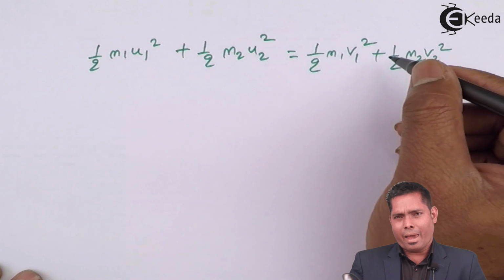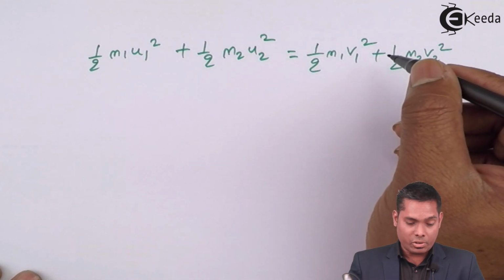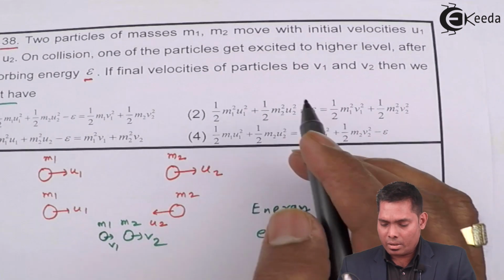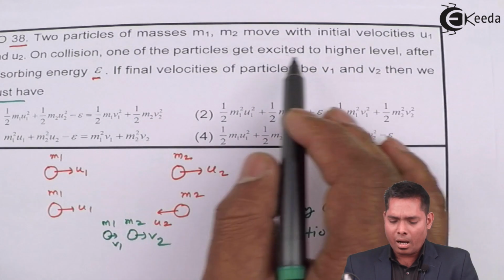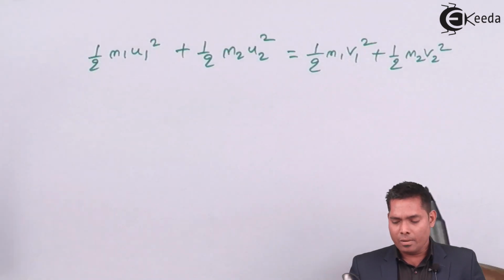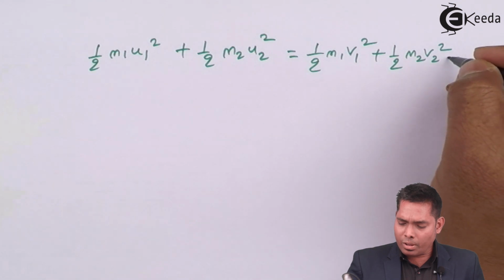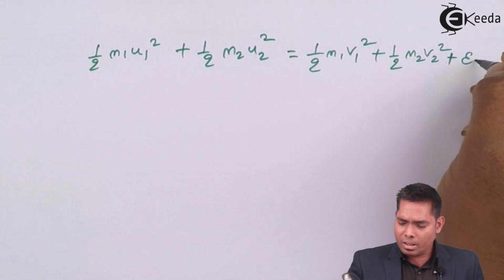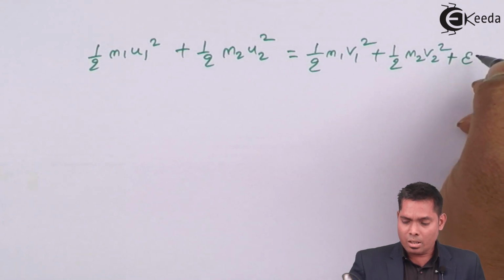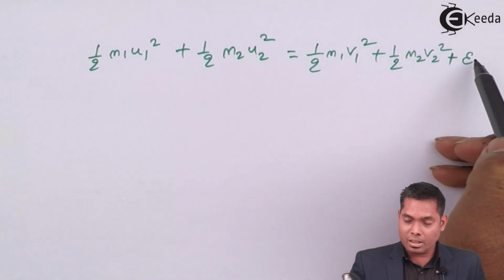Then one of those particles absorbs the energy. They get excited to a higher level after absorbing energy E. So the one which absorbs energy also has to be written here. After absorbing energy, that is another part.